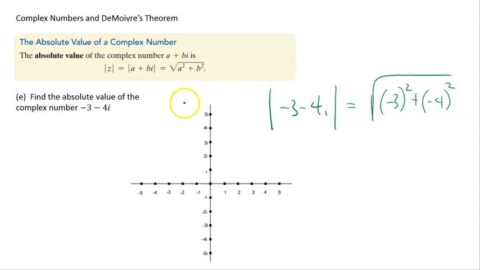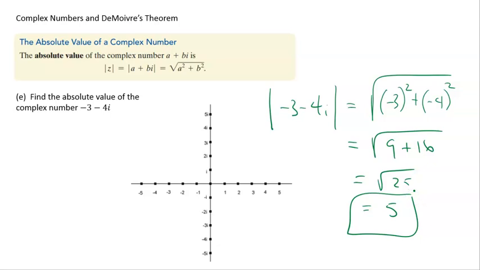You're not squaring the i, so don't do that. You're just squaring the real part and the coefficient of the imaginary part. So the a and the b, if they're negative, you square them. If you leave off the negative, you would actually still get it right, because you're squaring it, and then don't forget to take the square root. So this is going to be 9 plus 16, which is the square root of 25, which of course is 5. So the absolute value of -3 minus 4i is 5.